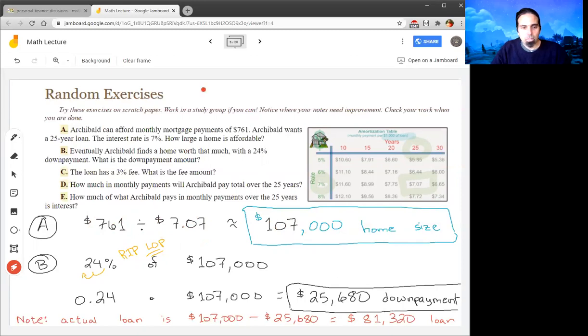Okay, moving on to C. The loan has a 3% fee. What's the loan amount? It's 3% of the loan amount.